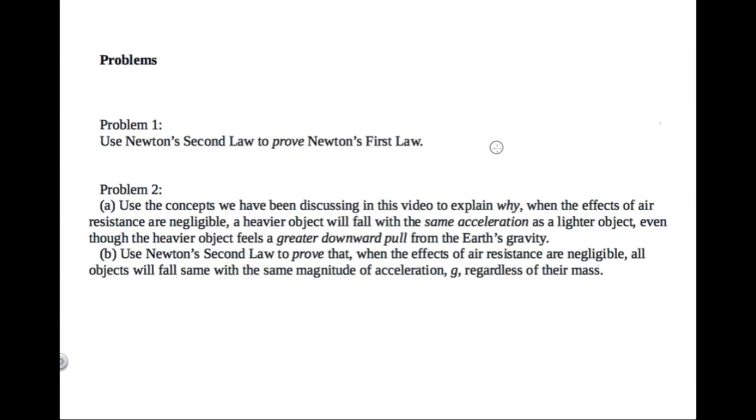But it turns out that if both objects are massive enough for the effects of air resistance to be small, a lighter object will fall at approximately the same rate as a heavier object. And in a vacuum, where there's no air resistance, a lighter object will fall at exactly the same rate as a heavier object.